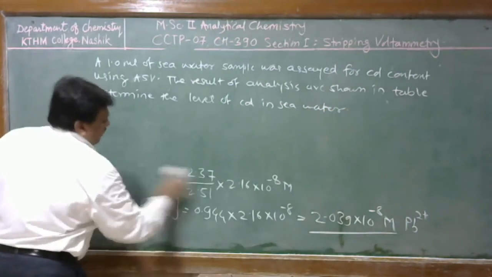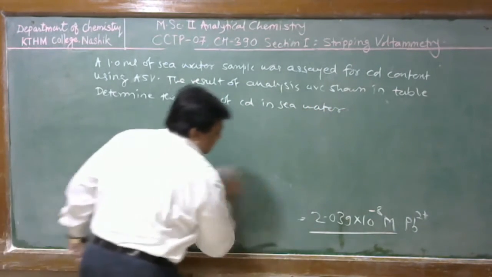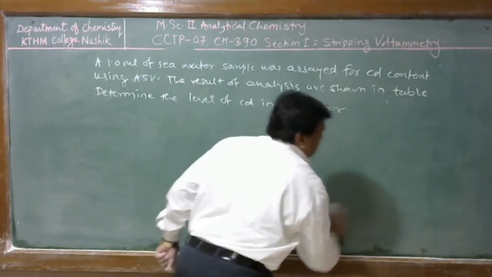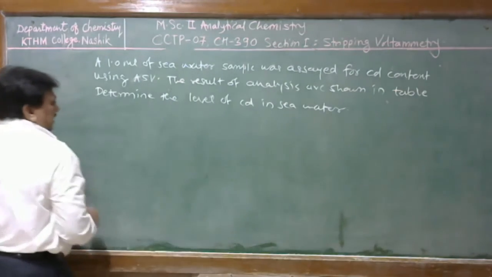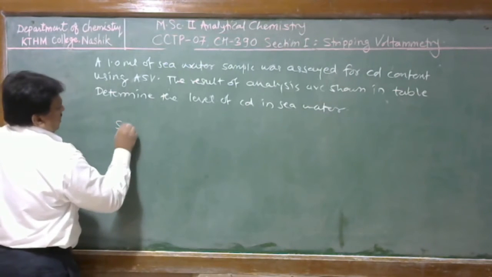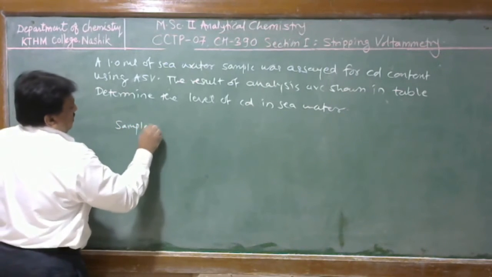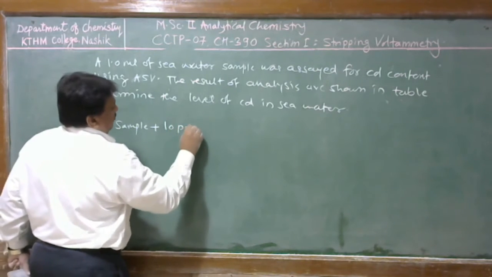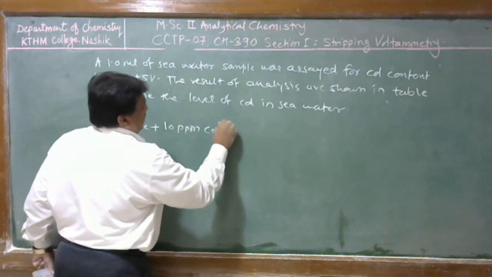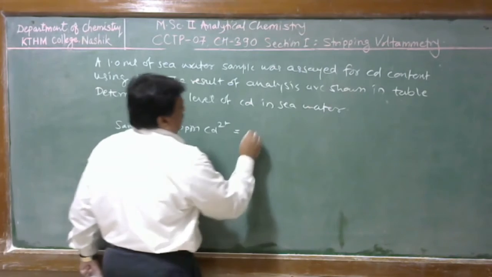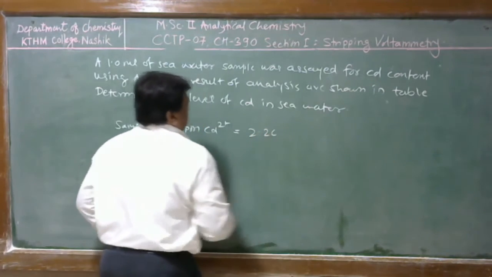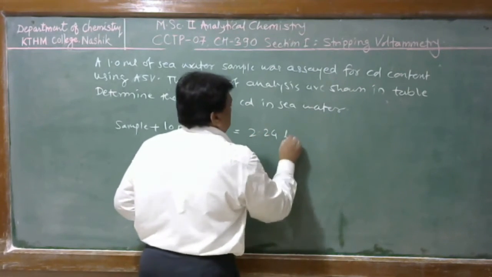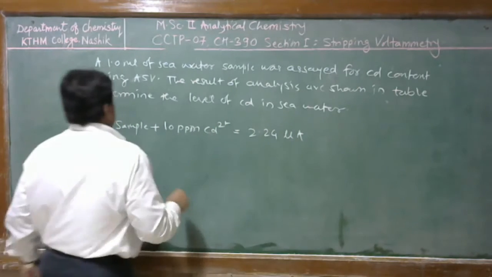The result of the analysis is presented in the table, and it is like this. Here sample plus 10 ppm cadmium gives peak current 2.24 microampere.